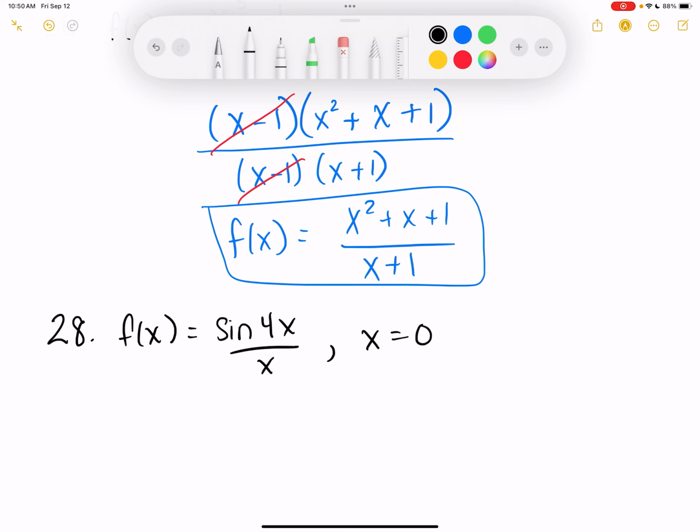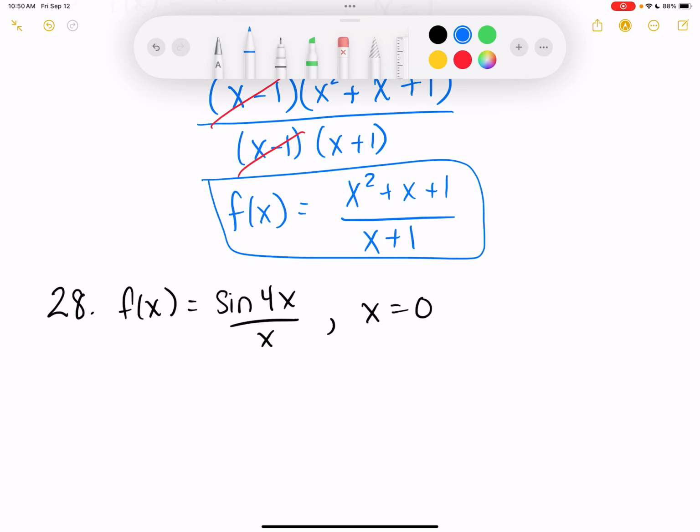So that's why I said this one's kind of weird. This one's going to have to be turned into a piecewise function instead of us writing it a different way, like being able to cancel stuff. So this one is f of x is equal to the sine of 4x over x when x is not equal to 0.